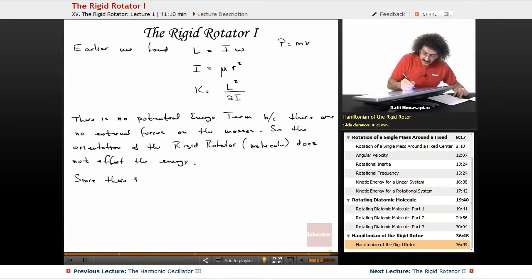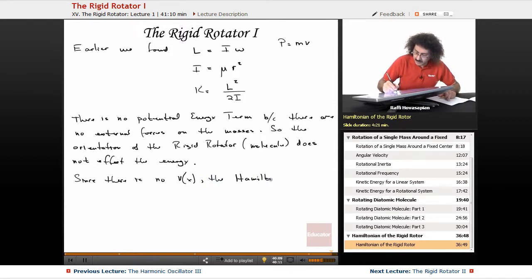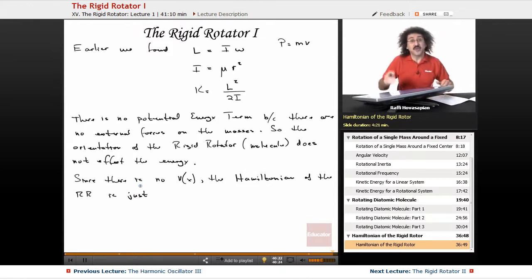Now, since there is no potential energy term, the Hamiltonian of the rigid rotator is just K, the kinetic energy operator.